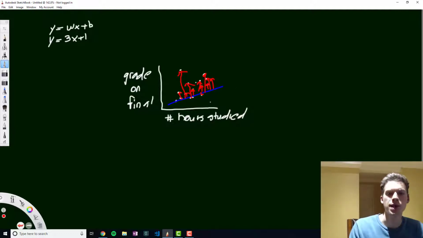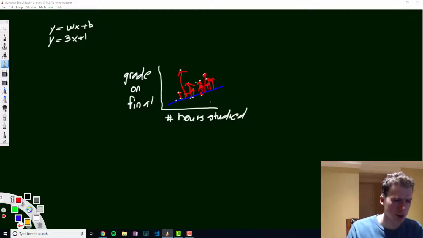And so the best fitting line is going to be the line with the smallest red arrows. Or if we summed up all the arrows, it would have the smallest total. All right.